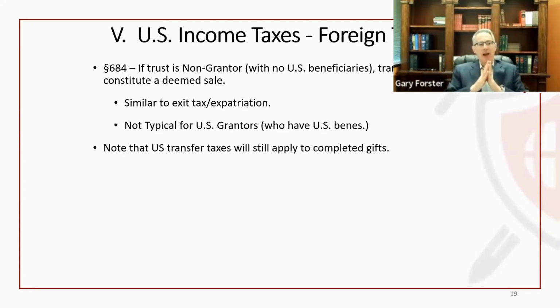So it's kind of like what they implemented, if you have no beneficiary or at death, is this idea of tax expatriation, where when stuff leaves the country, the IRS gets upset because they can no longer tax it, and so you have to pay as if you sold everything.